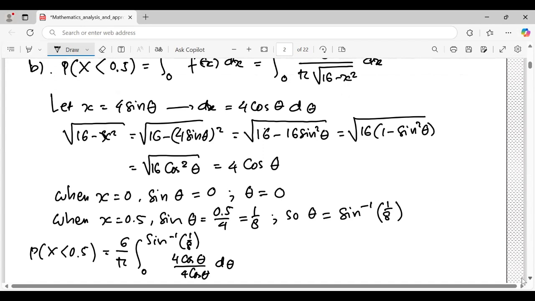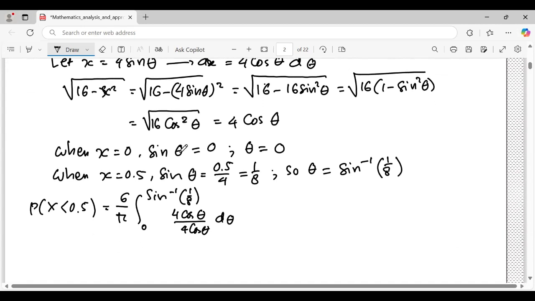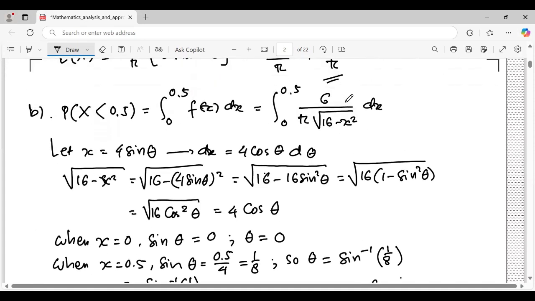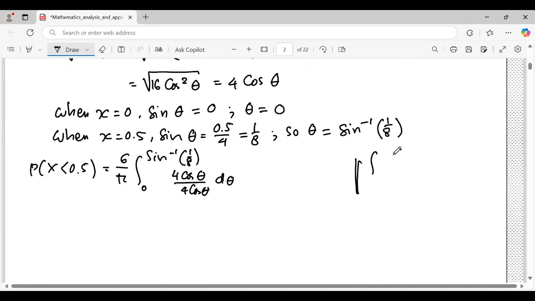And so now I think here, the integral: 6 dx, the 6 is already here, over square root of 16 minus sine squared theta.